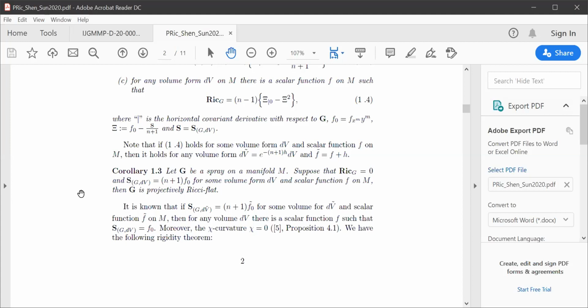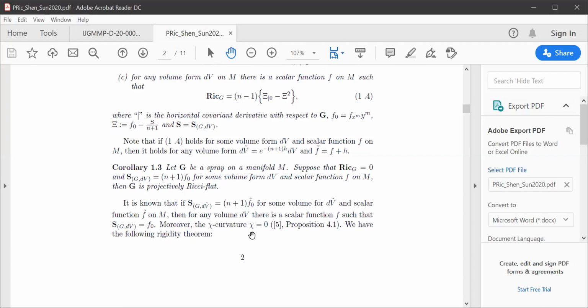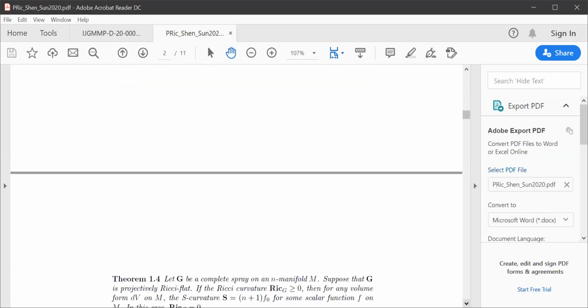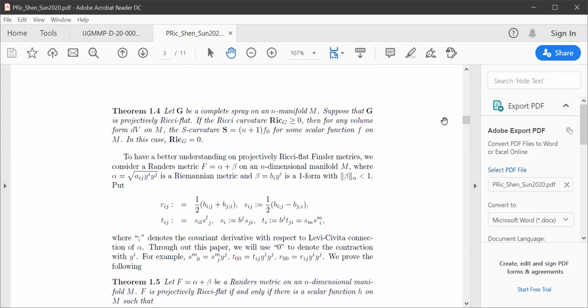So that means you can say the spray is almost S flat, where S means S curvature. If the S curvature for some volume form, or then for any volume form, is going to be an exact one form, that is a special case, right? And you can easily construct examples. For example, for Randers metrics, there are many.